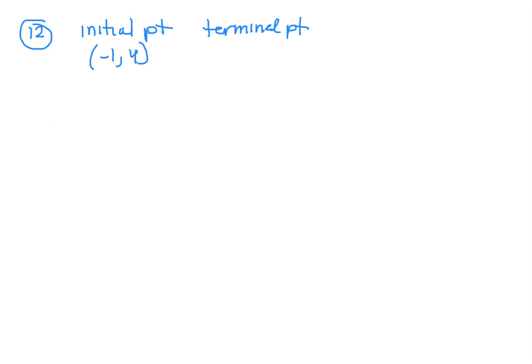They just tell us that the vector's name is C. To find the component form, we take terminal minus initial, which equals (5, -3).